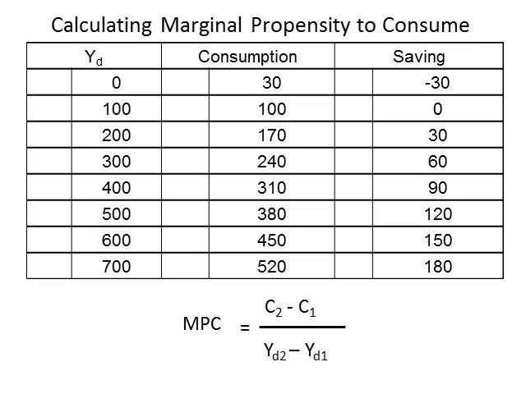So the first step is to look at our table, and you'll notice that there are 3 columns. The Y column represents a level of income, the consumption column represents a level of consumption, and the savings column represents a level of savings. The sum of consumption and savings should always equal the person's total income.